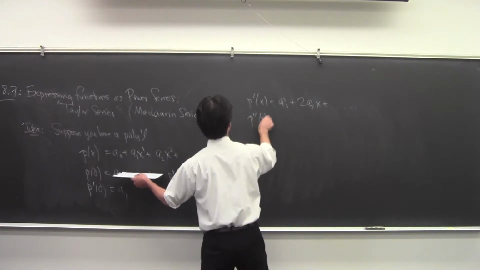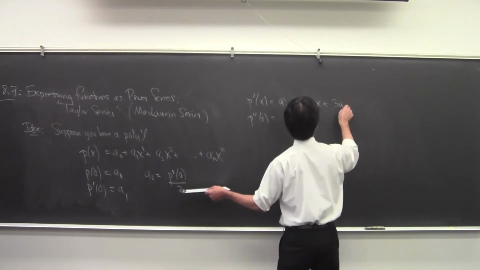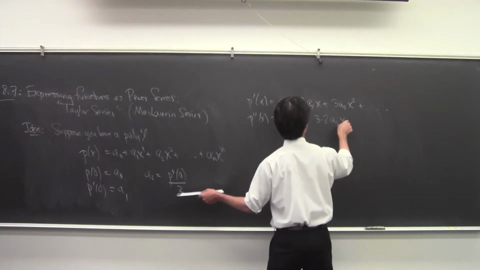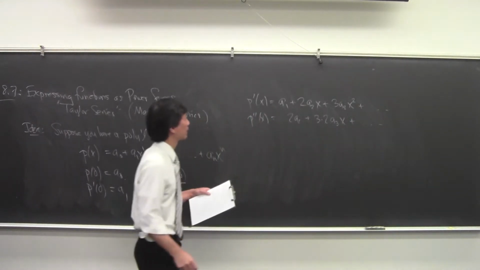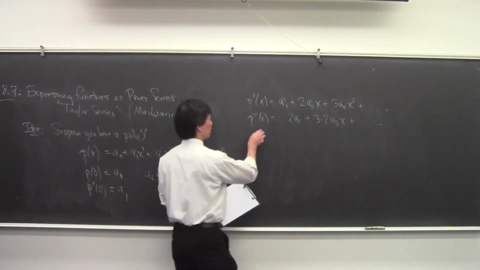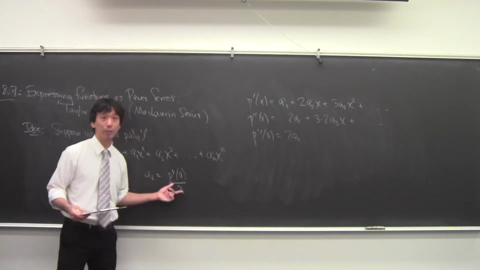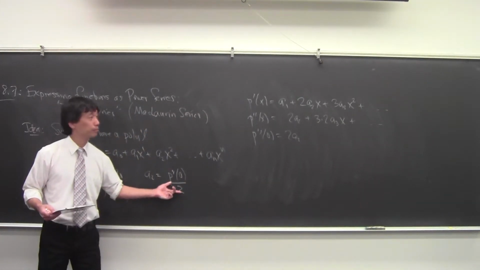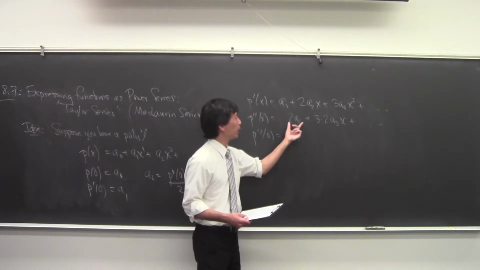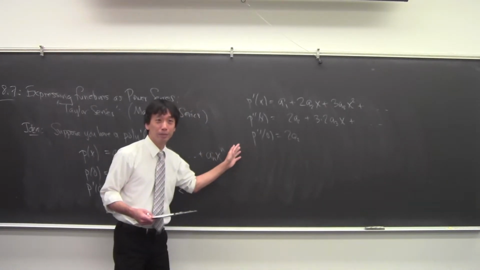P double prime is 2a2 plus 3 times 2 a3x plus et cetera. So p double prime at 0 is 2a2. To get a2 back, I need to divide by 2. I evaluate this thing at 0, and I get 2a2, so I divide that by 2, and I get my a2.